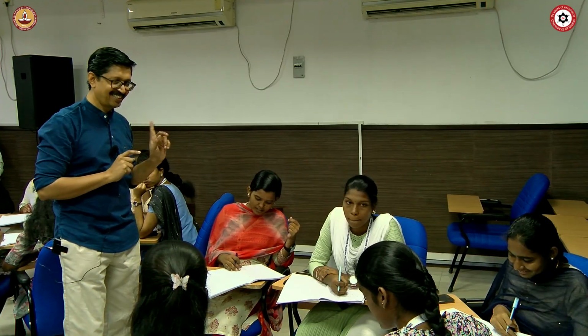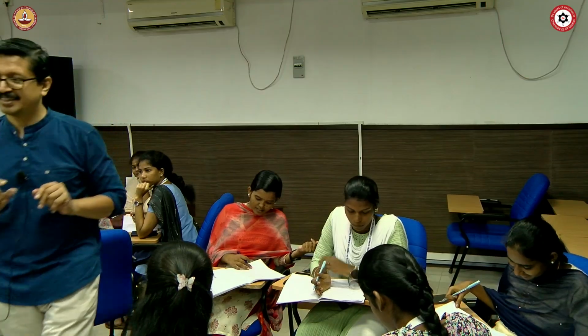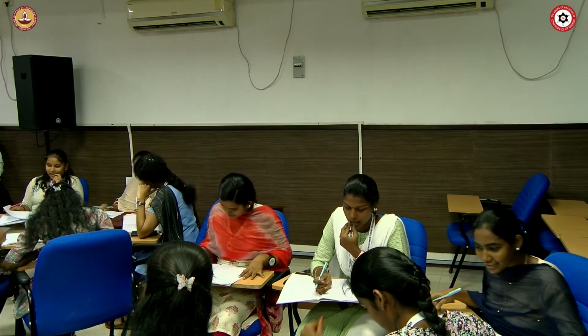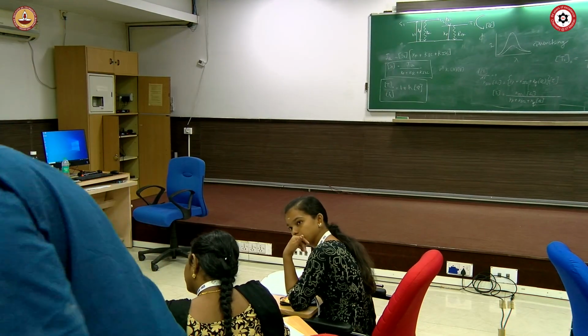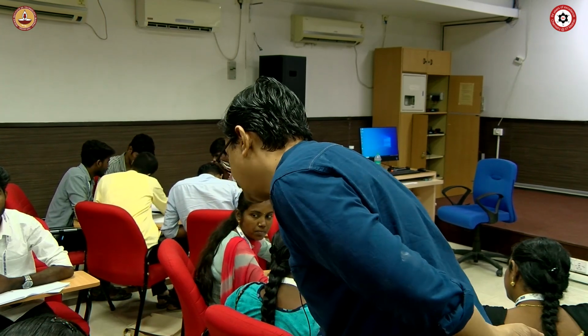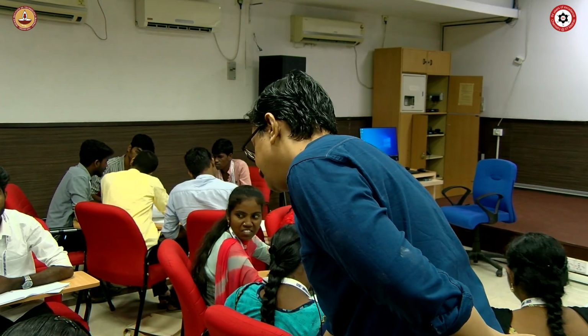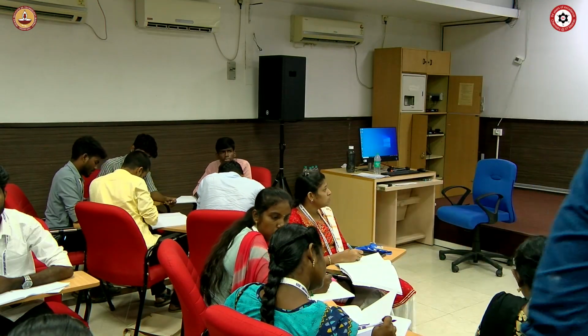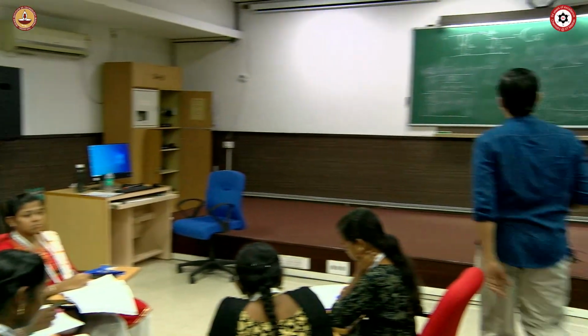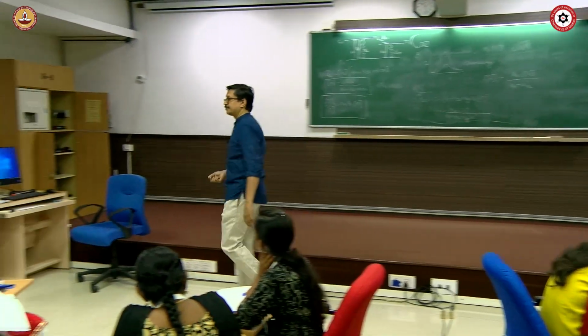No. Got it? This K is equal to what? Big K. You get 1 by Kp plus K dash ISC. What is that? You ready?